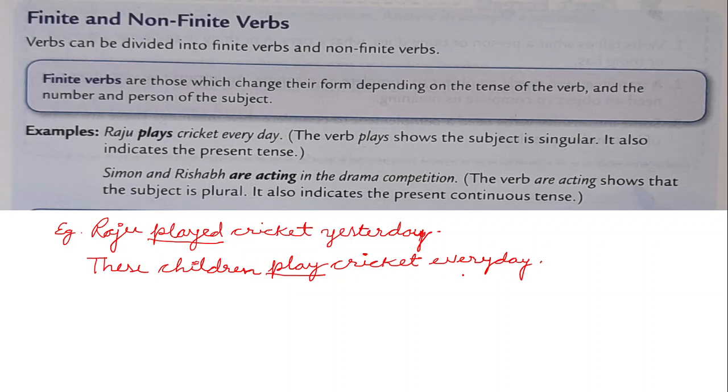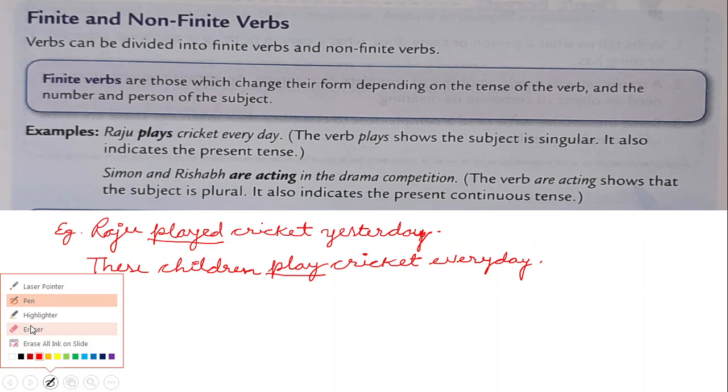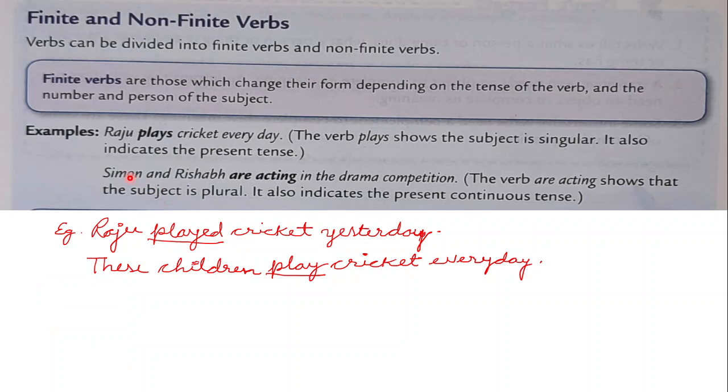Okay, now see here another sentence. Let's read that one once and find out what it is. So one example we read, and from this we came to know that verbs which change their form depending on the tense and number and person of the subject are called finite verbs. So these are finite verbs. In this case, play.